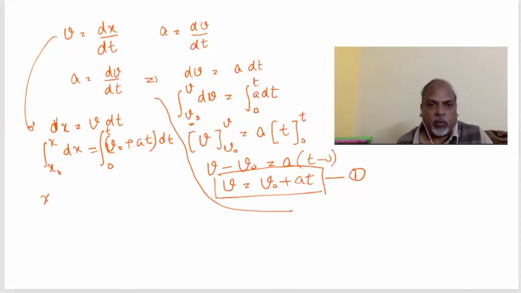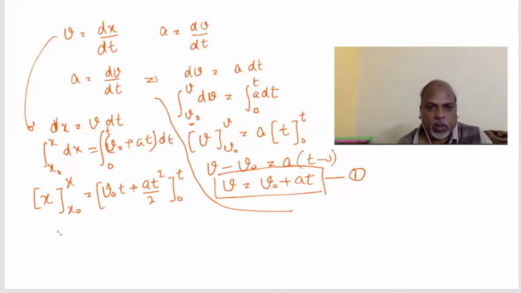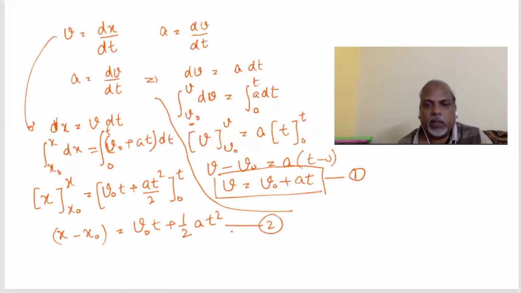By integrating, this will give you x minus x0 equal to v0 t plus half a t square. So this is the second equation by calculus. It is the same thing.